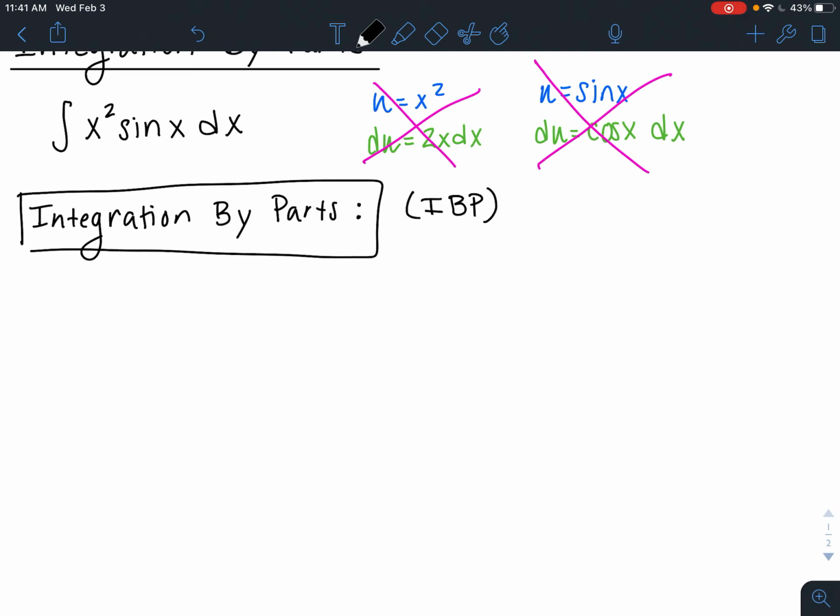So what this says is that, let u and v be functions that have continuous derivatives, which basically means that both of them are differentiable.